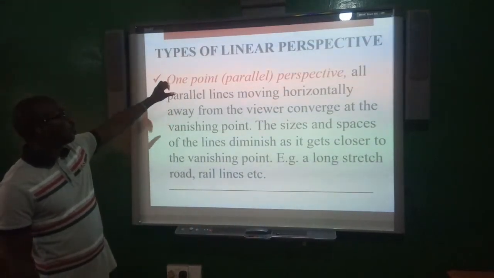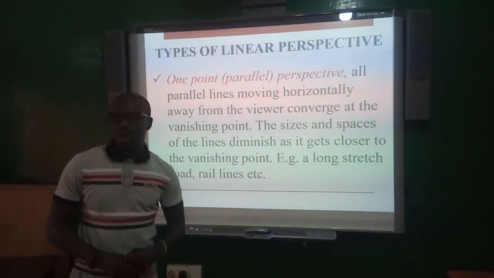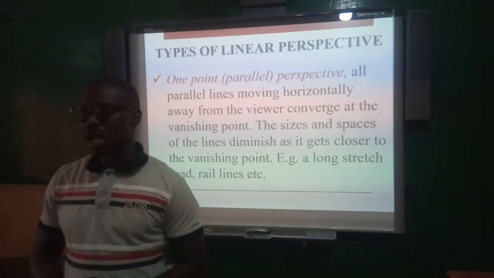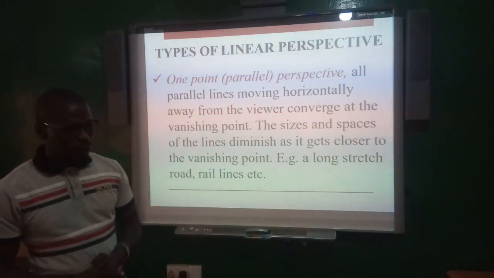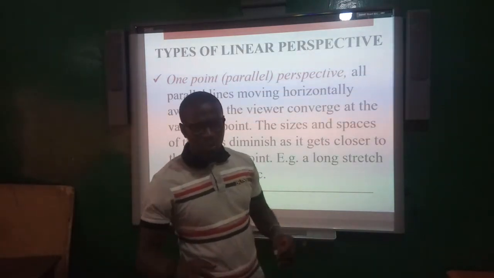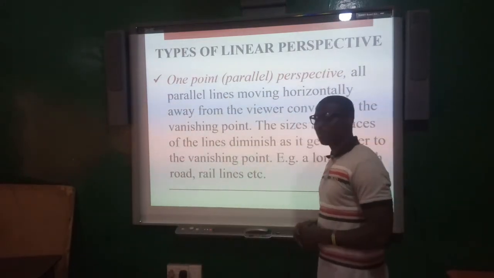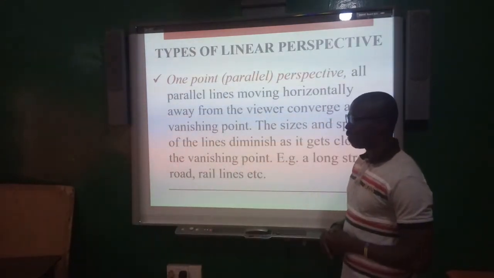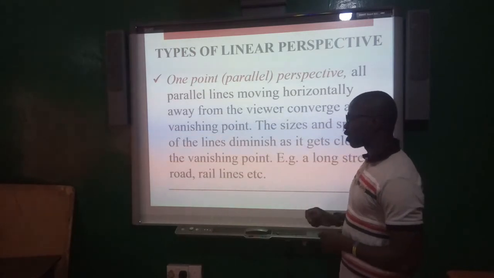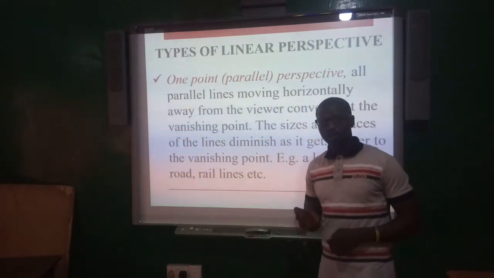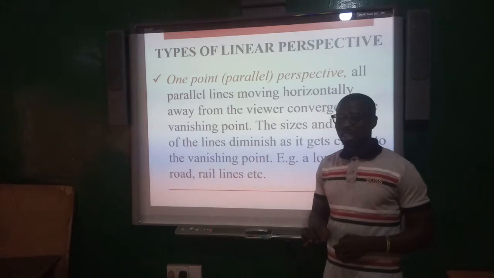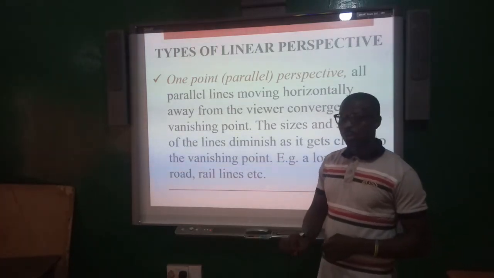Now we got to types of linear perspective. That was where we got to. We said there are three main types of linear perspective. So don't confuse yourself. We have two types of perspective, that is the linear perspective and the aerial perspective.